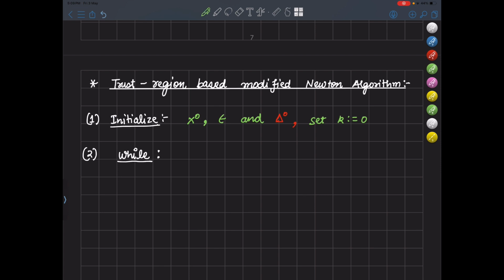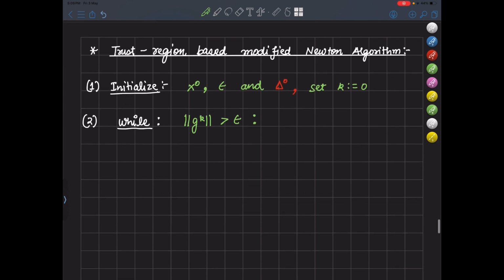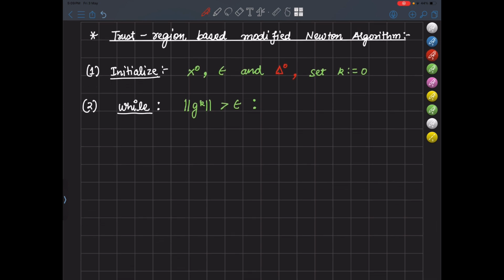Stopping condition is as usual, the norm of the gradient should be greater than epsilon. And now the first step is finding the optimal xk plus 1. How do we find xk plus 1?